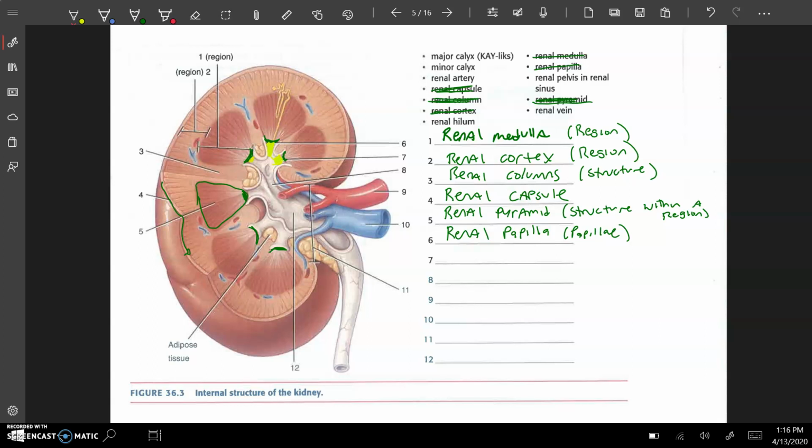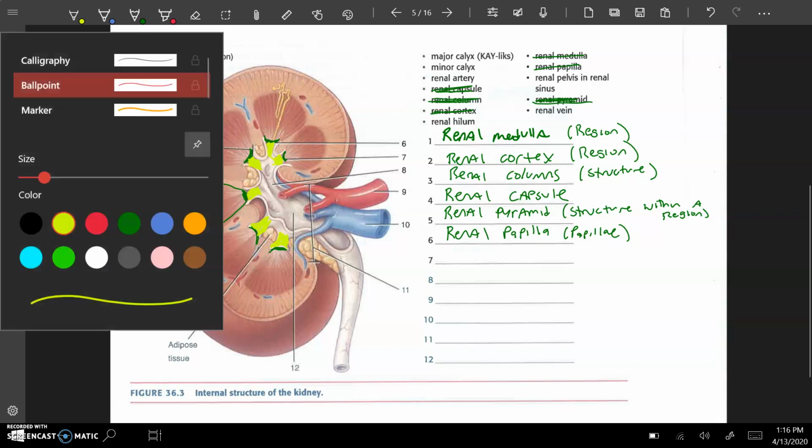You have about 8 to 10 of them per kidney, maybe more or less depending upon the size. Right in here you have what's called your minor calyx, or calyces.